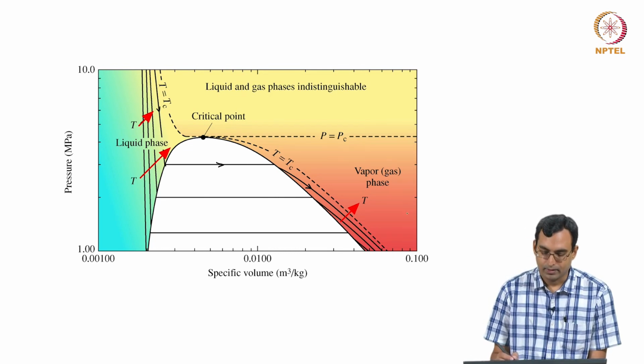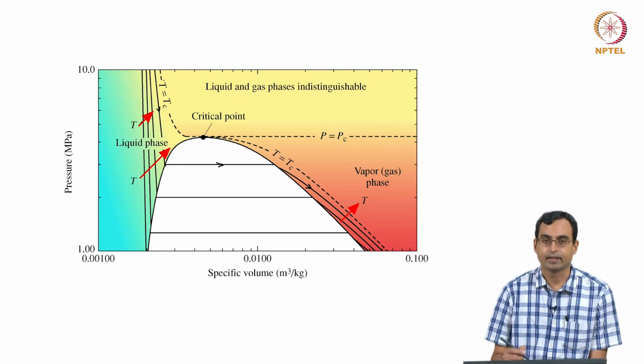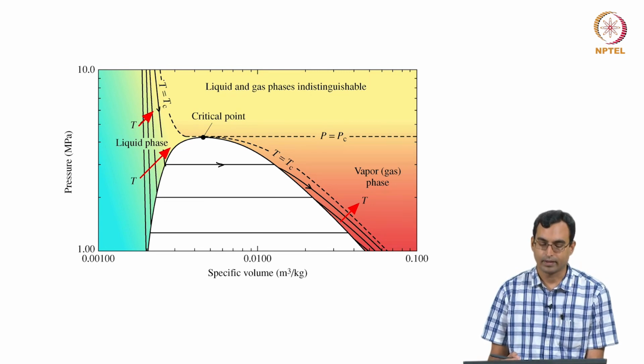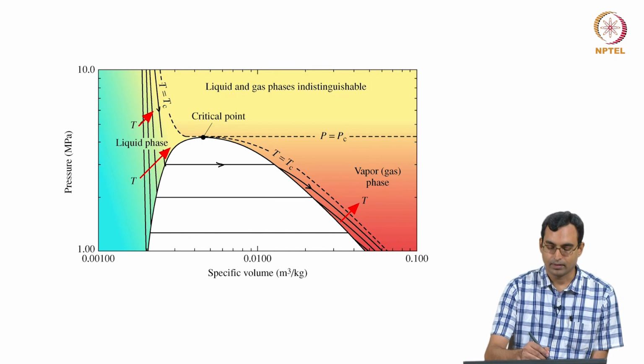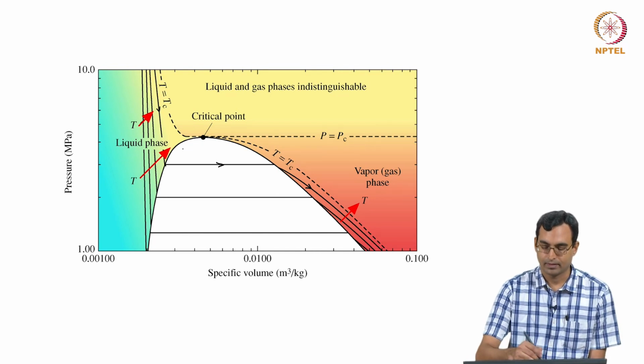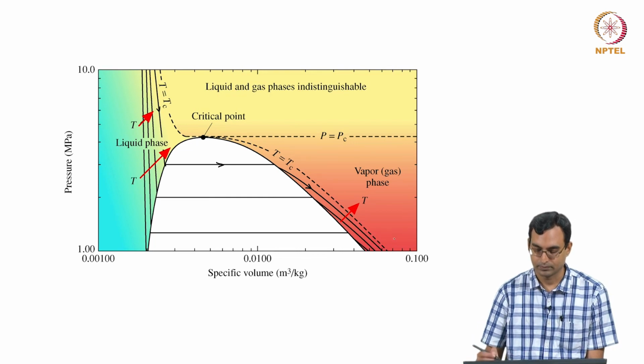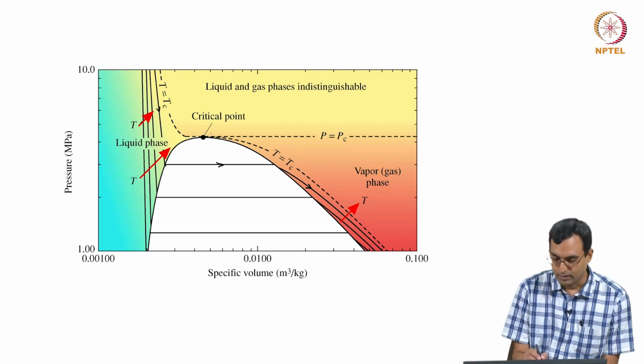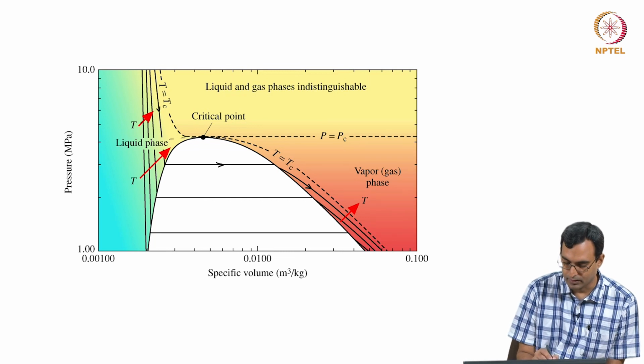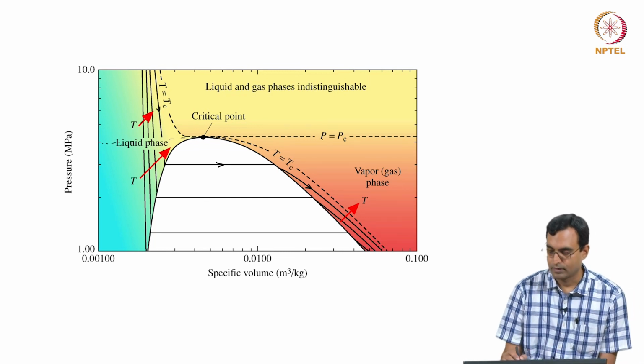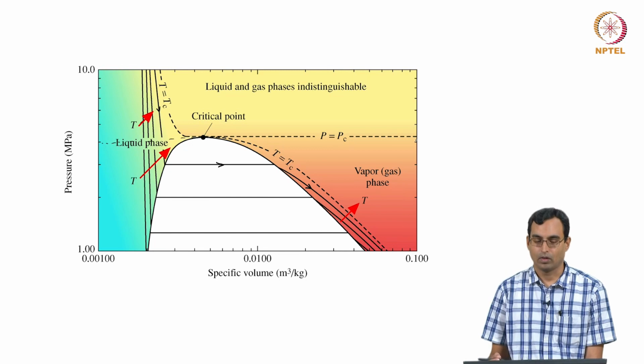Just as we had a critical isobar, which is the isobar which passes through the critical point, here we have a critical isotherm, which is the isotherm which grazes this two-phase region and passes through the critical point and goes down. And if you draw this line here this way, this is our critical isobar which is horizontal on a PV diagram.